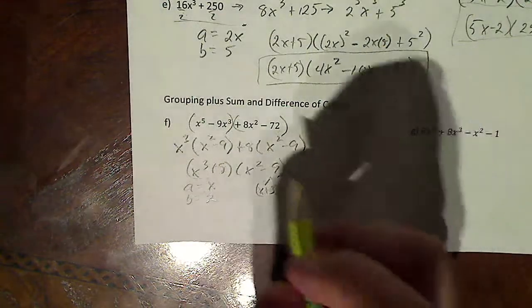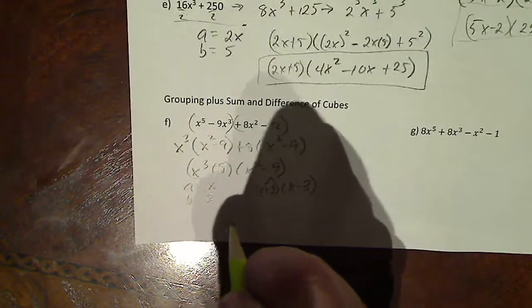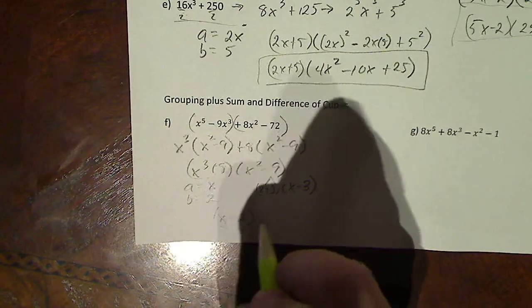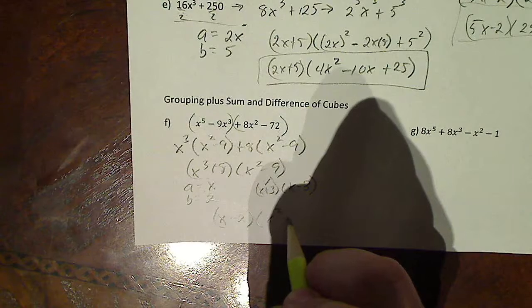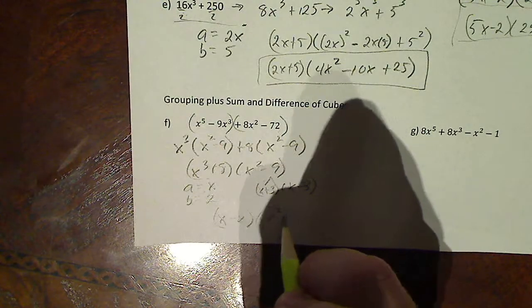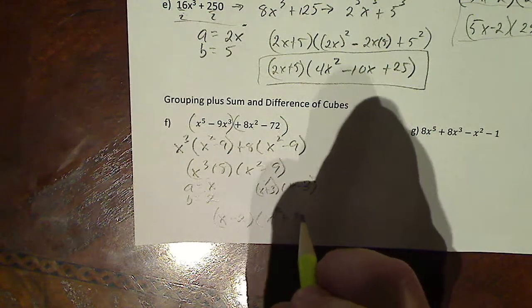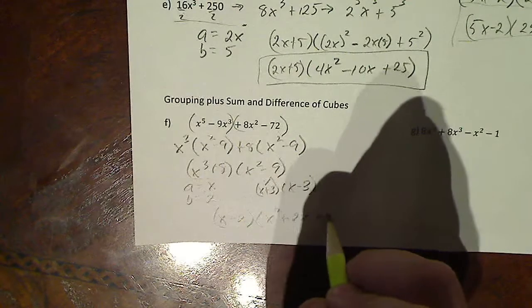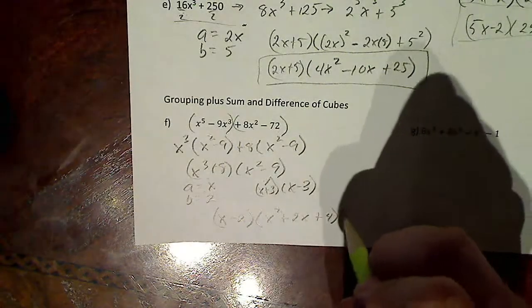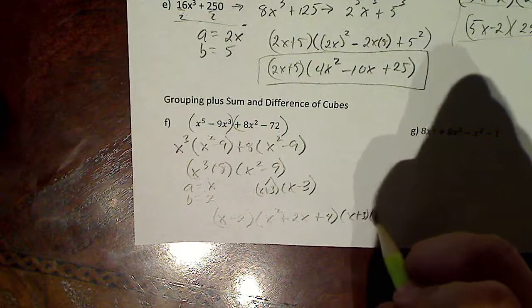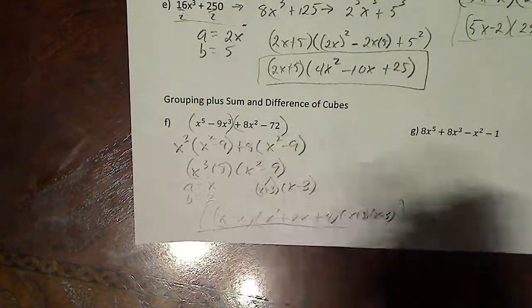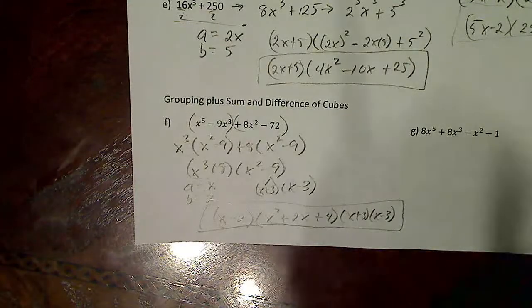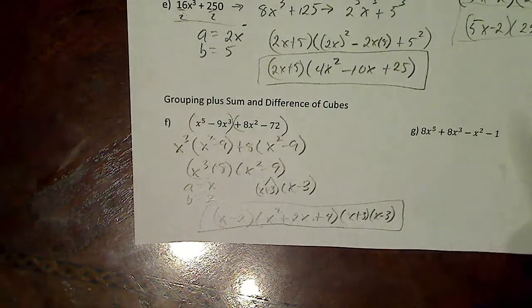So to write this whole thing out, this is what it's going to look like. I'll have x minus 2, a squared plus ab plus b squared times x plus 3 and x minus 3. So that's a full factor of the problem. If I could take this one further, I would, but I can't.